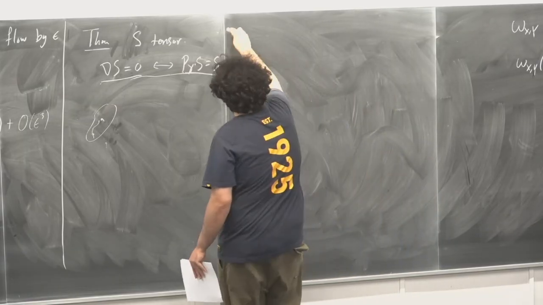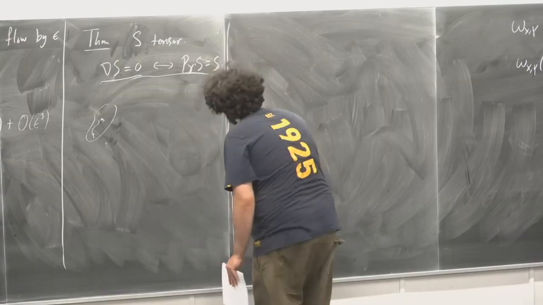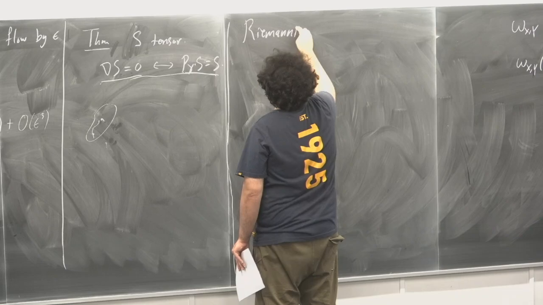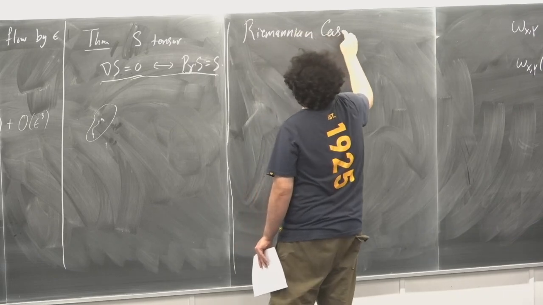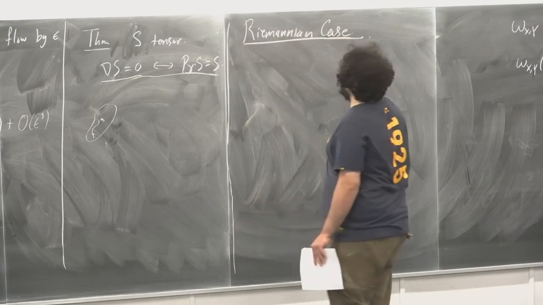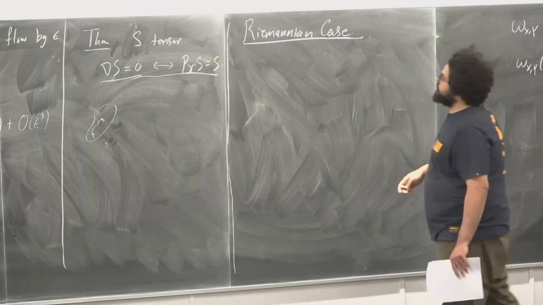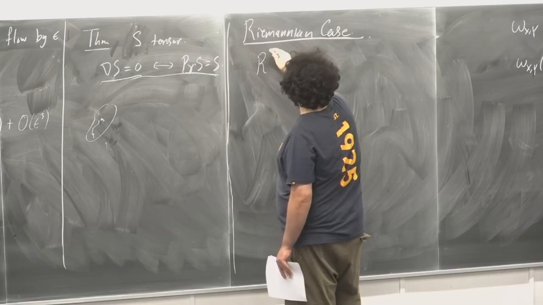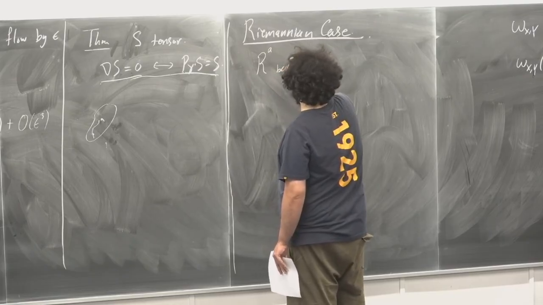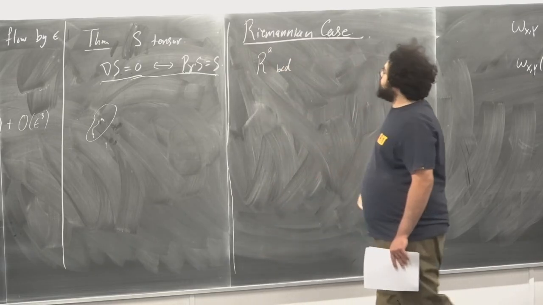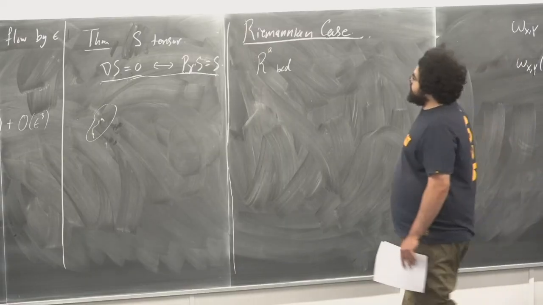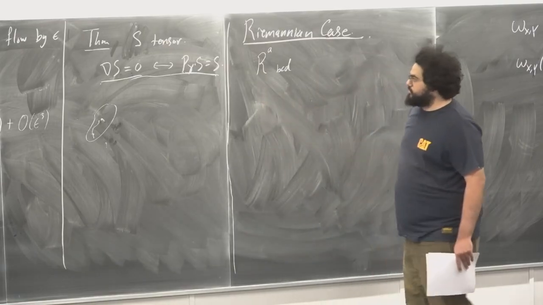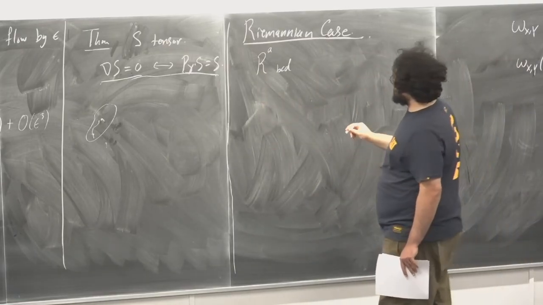Now we're specifically going to look at the Riemannian case. In the Riemannian case, you get your usual Riemann tensor, and you can write down the components of the Riemann tensor, and you have identities that it satisfies.